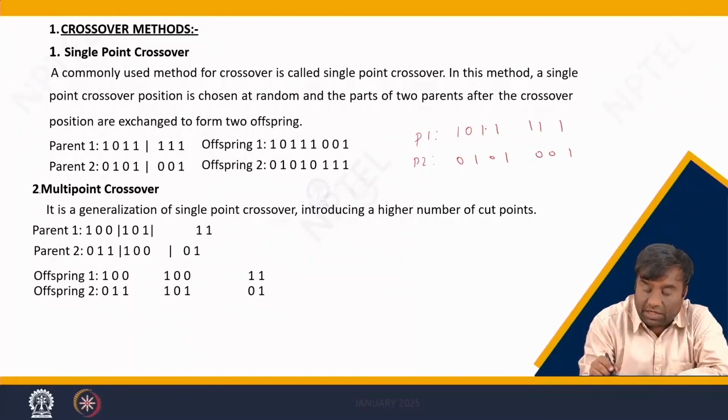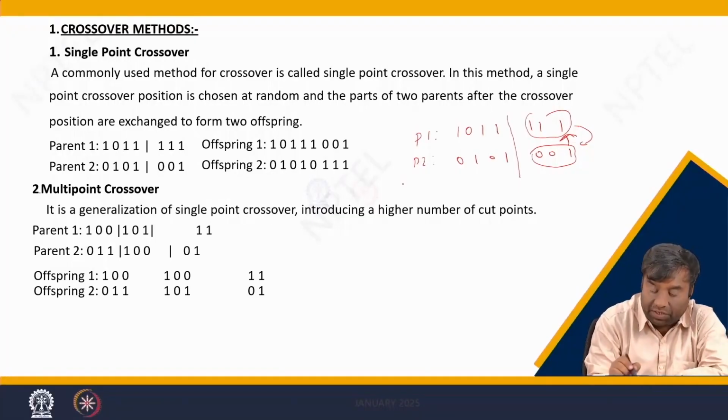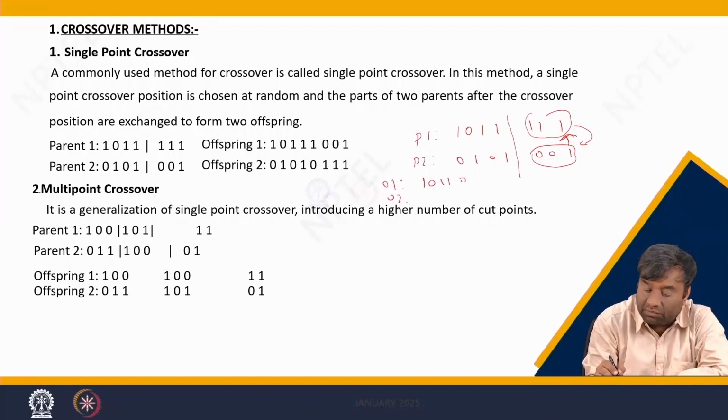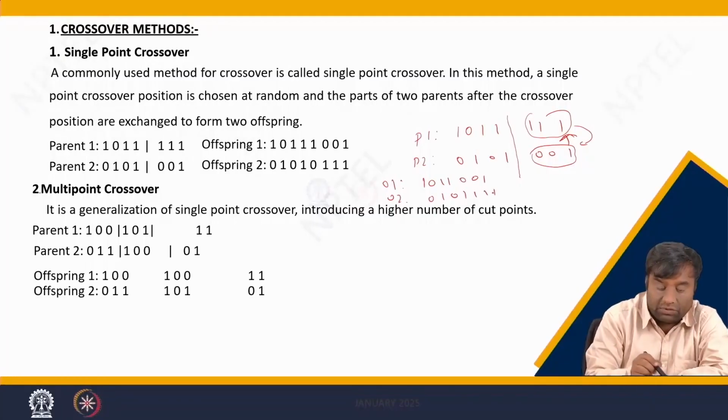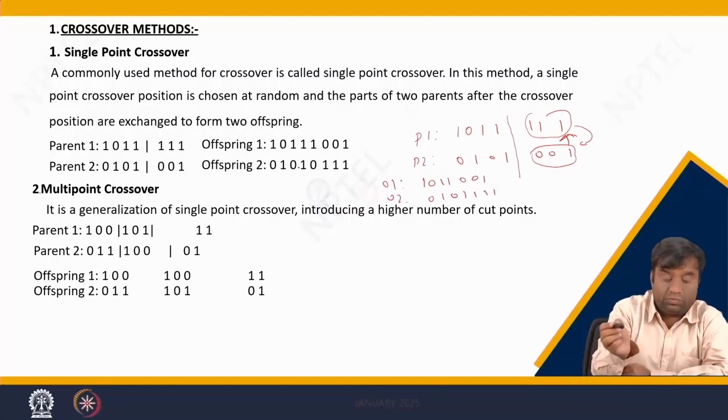We take a position after the fourth bit from the most significant bit, and exchange the two parts. The new offspring 1 will be 1 0 1 1 0 0 1, and offspring 2 is 0 1 0 1 1 1 1.